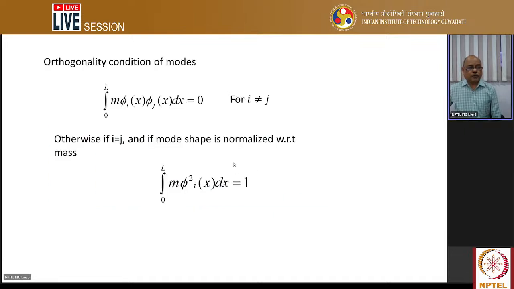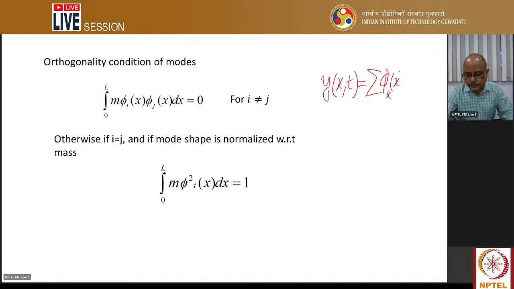It is also needed if we use the modal superposition technique to solve the forced vibration response. In the modal superposition technique, the beam displacement y(x,t) is represented as the summation of phi k(x) theta k(t), with k varying from 1 to infinity. This is a very powerful expression, and it gives the mode summation.